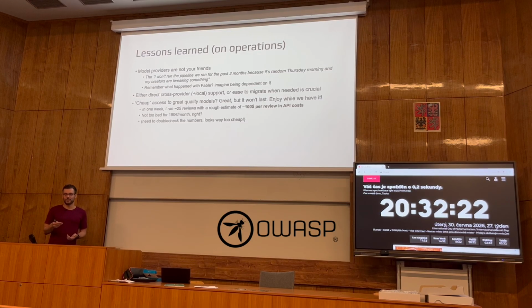And in that particular week, I was able to run 25 reviews. Based on the estimates from Claude itself, if it counts the API tokens, it gets up to approximately $100 per review. So multiply that by 25 by 4 weeks, and you get that much value sometimes for not even 200 euros per month. So this won't last, so let's enjoy cheap models while we have them.